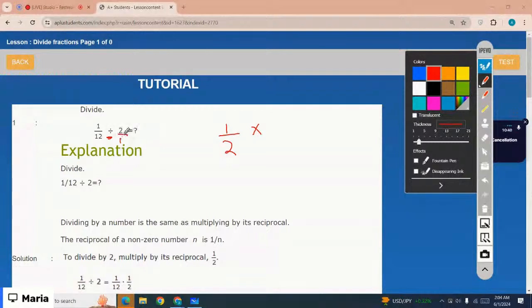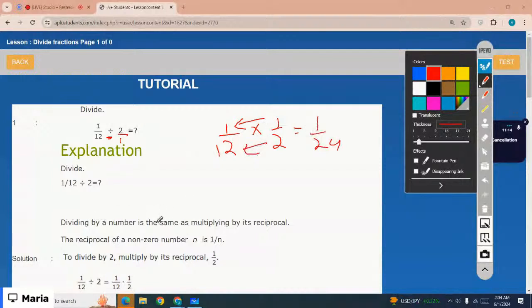Reciprocal means you need to interchange the numerator and denominator. 2 is 2 over 1. So the reciprocal of 2 over 1 is 1 over 2, right? So you need to do 1 times 1, and 12 times 2 is 24.